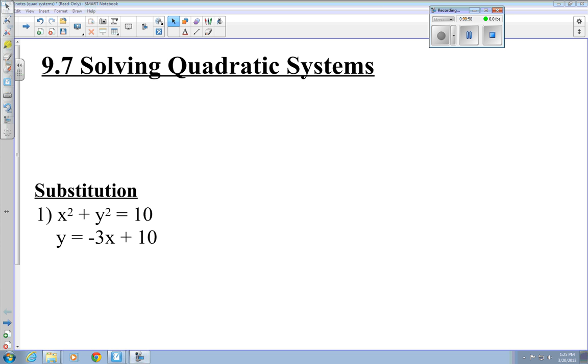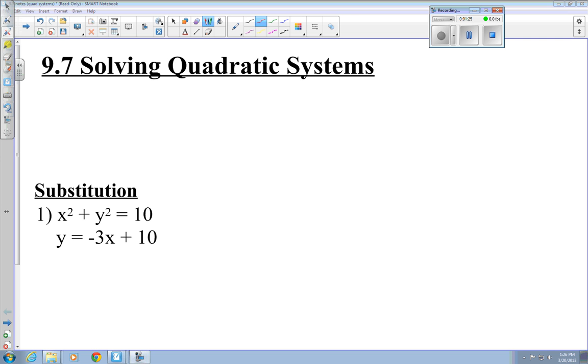So now we're going to do the same thing, only we're going to have some lines and also all of our quadratic equations: circles, ellipses, hyperbolas, parabolas. First thing I want to do is draw some pictures, because I want you to be able to visualize what's going on.